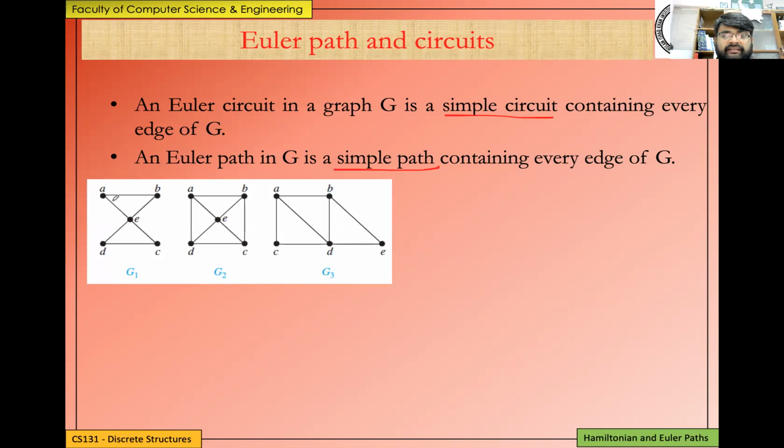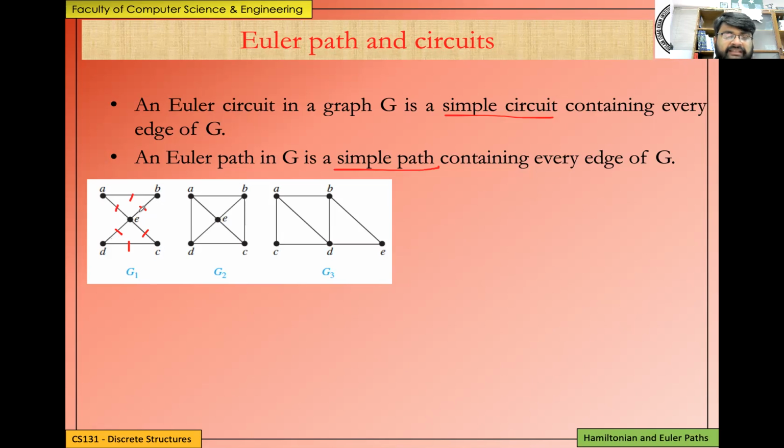So for example, let's take this example. This is one graph, G1. Can you start and end at the same vertex while using all of the edges present in this? Let's start at this point A. From A, we notice that you can take A, B, use this edge, then use this edge to reach E, then this edge to reach D, then this edge to reach C, then use this edge to reach E again, and finally this edge to reach back to A. So in this case, we can take any vertex and be able to return back to the same vertex using some possible path.